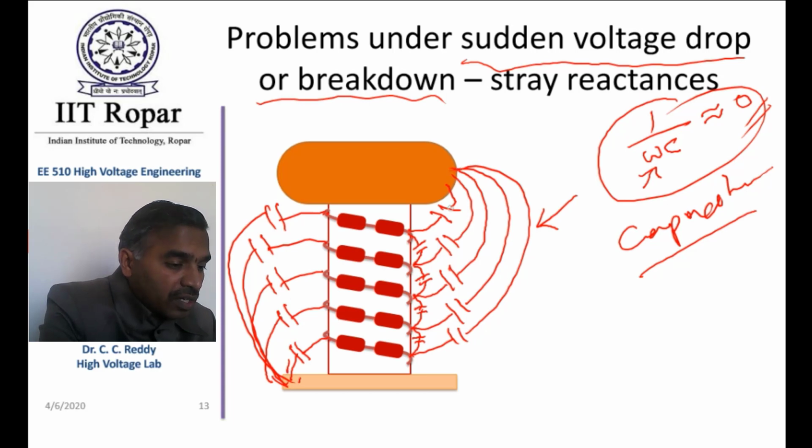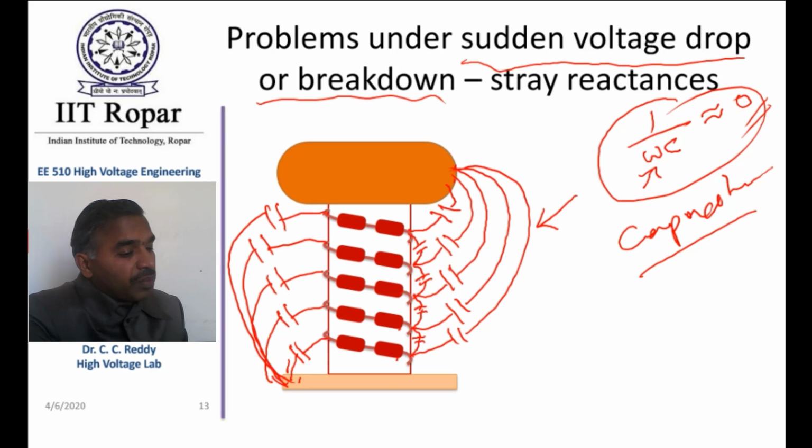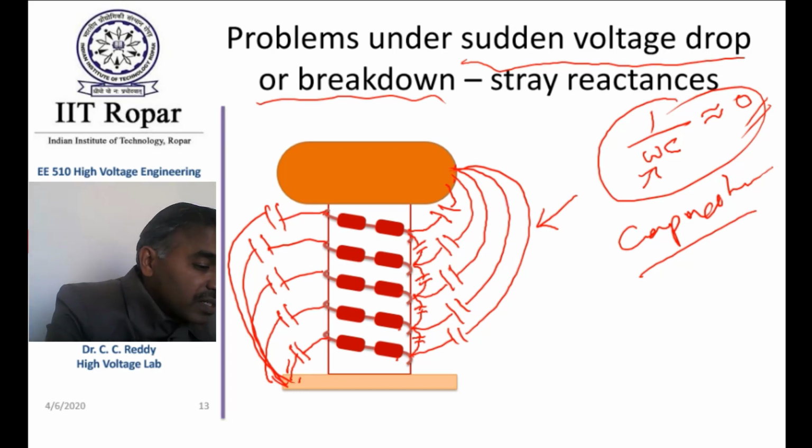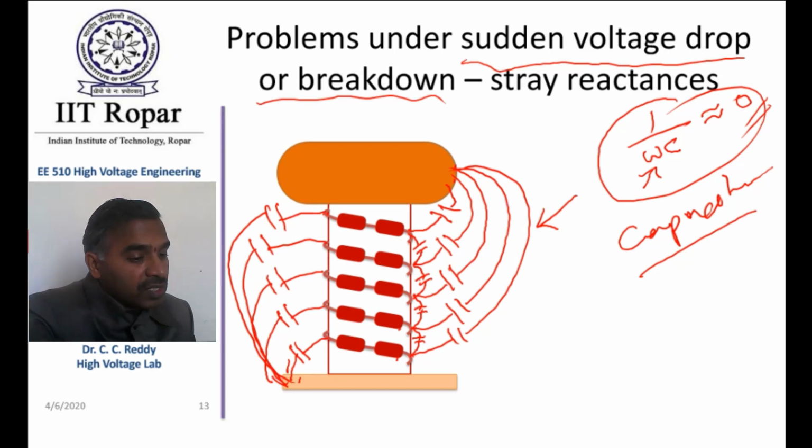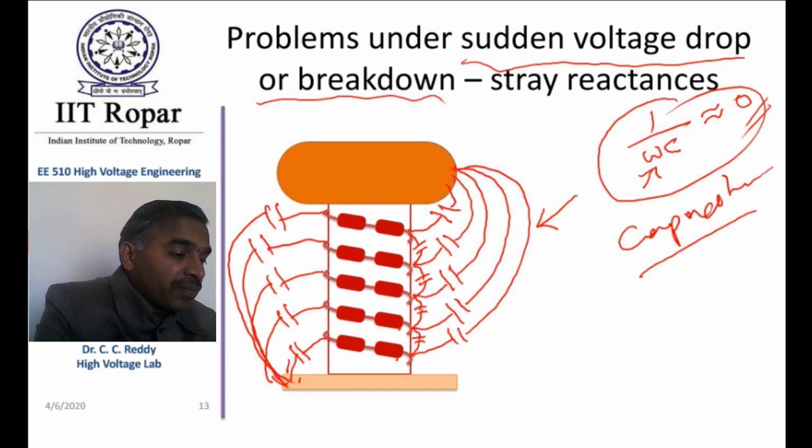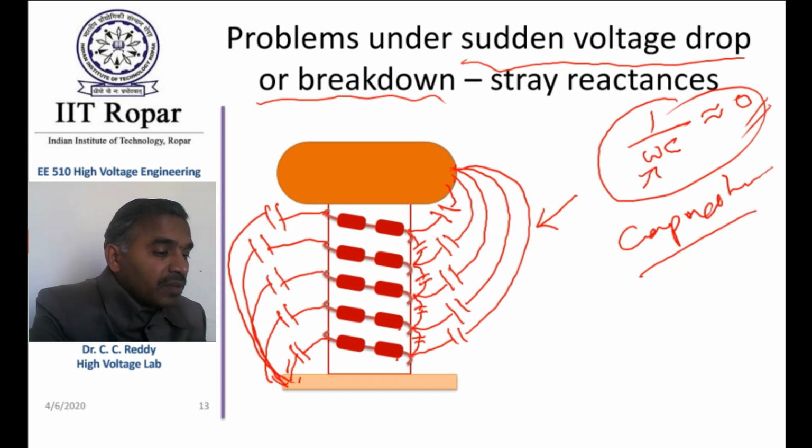And here also the high voltage electrode and each of the resistors are at different heights. Therefore, the stray capacitances are not the same. Therefore, the voltage distribution under transient conditions also, somewhere it will be high, somewhere it will be low. Therefore, some of the resistors may blow off. So this is a problem unless we properly design.